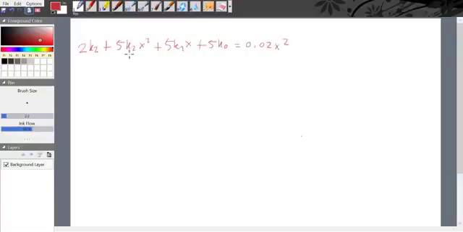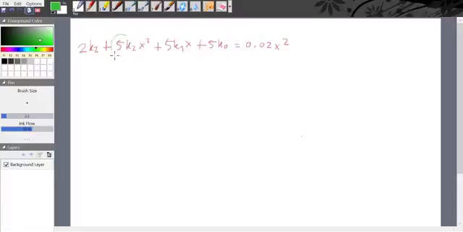Now what we want to do is match the coefficients. For example, if we have x squared, we need to match the left hand side and the right hand side. It is not the same coefficient, but it needs to be balanced. So we have x squared over here and x squared over here, and the coefficient of x squared is 0.02 in the right hand side, while we have 5k2.